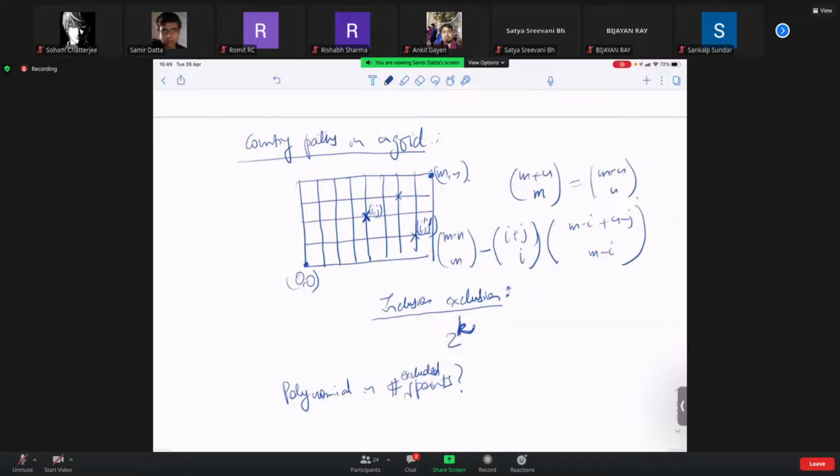So the number of terms will grow to be 2 to the k. And each term, I am assuming, even if it can be computed in order 1 time, which is not true, but even if that could be done, this would take 2 to the k time, correct? Yes, sir. At least. So now we want something which is polynomial in the number of excluded points. In fact, we want something which is polynomial in m and n. Then how would you do it?